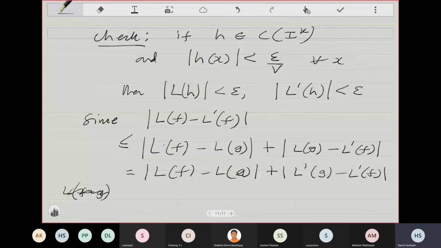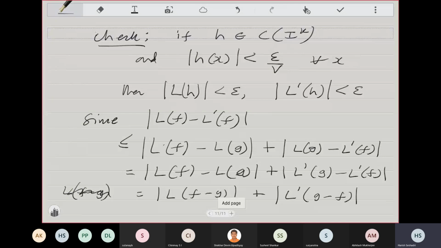Yeah, I do need it actually, because this is L of f minus g plus L prime of g minus f.